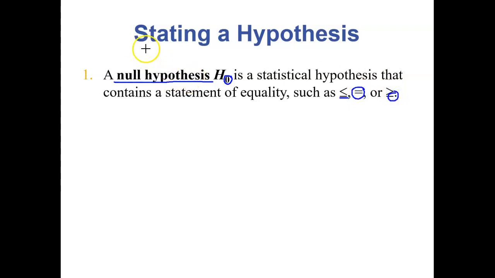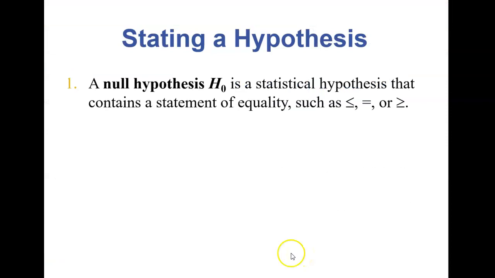So technically, a null hypothesis is nothing but something that has an equal to sign. Keep that in mind. If you say it's a null hypothesis, it has to have an equal to sign. That is greater than or equal to, less than or equal to, or simply equal to. Please write this down.